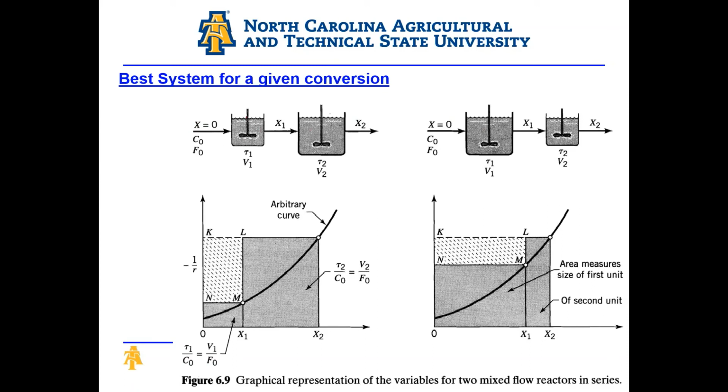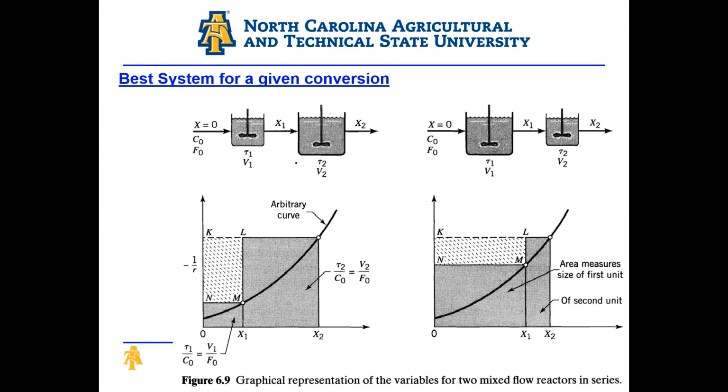I have a first small reactor, conversion at the end of it is x1, and then I have a second larger reactor, conversion at the end of it is x2. Okay. Alternatively, I can switch them over, right? I can put the larger reactor at the front and then put the smaller reactor at the back, and I get x1, x2. Do you think both will perform the same?